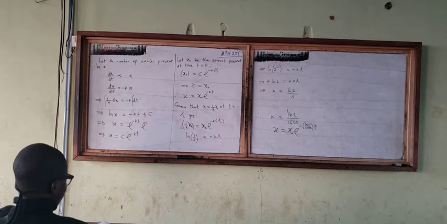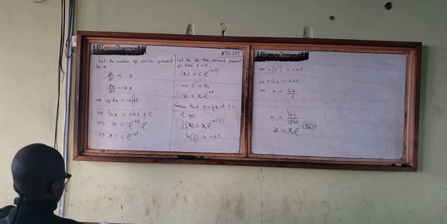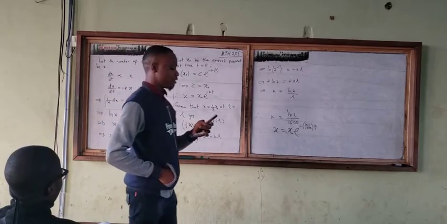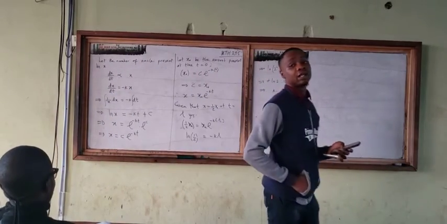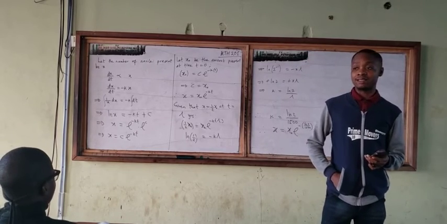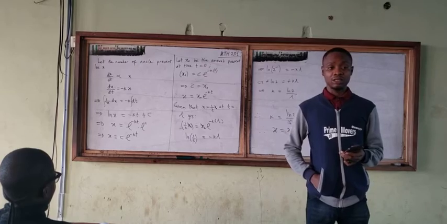So let us try to answer the question we have been asked now. They asked what percentage of the original radioactive nuclei will remain after 4,500 years. That means we want to get x after 4,500 years. Is it clear?